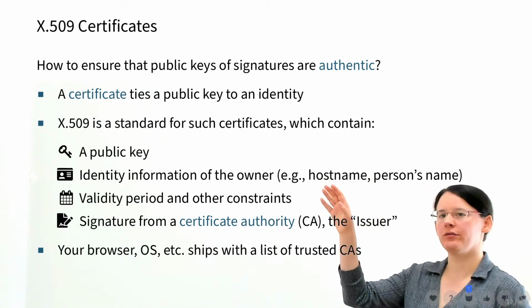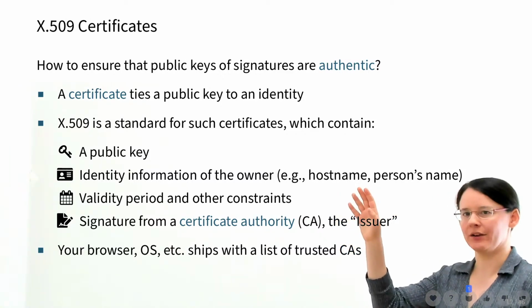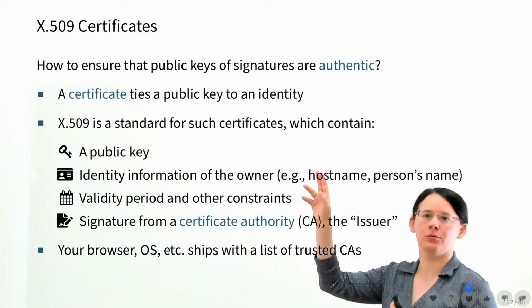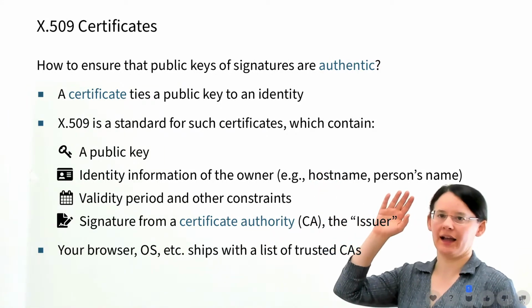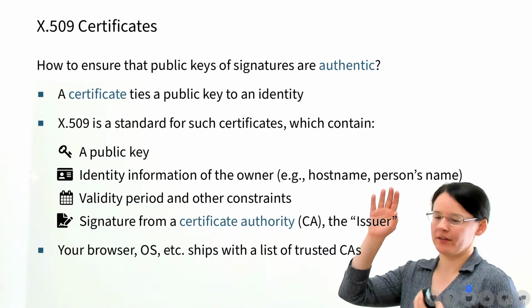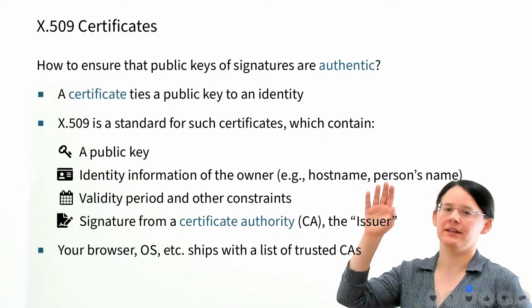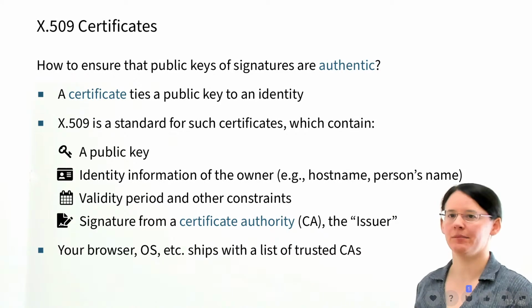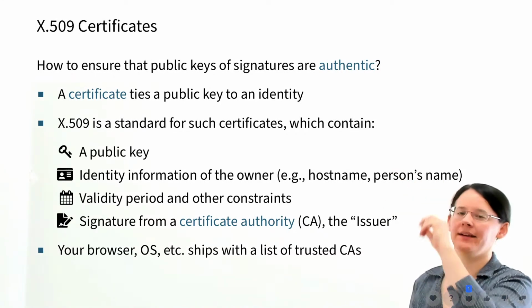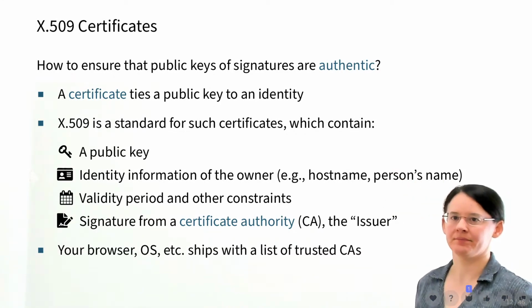So if we are talking, for example, about certificates for email encryption, the public key would be a public RSA encryption key, and the identity would be the email address and maybe the name of the person it belongs to. So it would tie a particular public key, for example, to my IAIK email address.